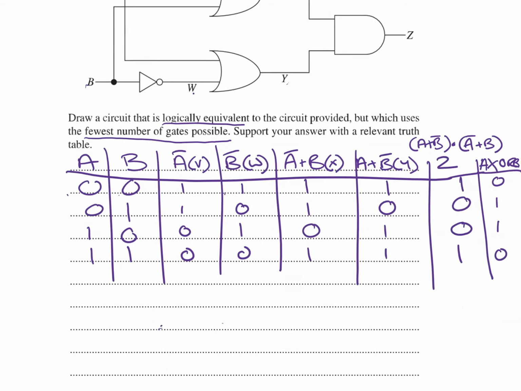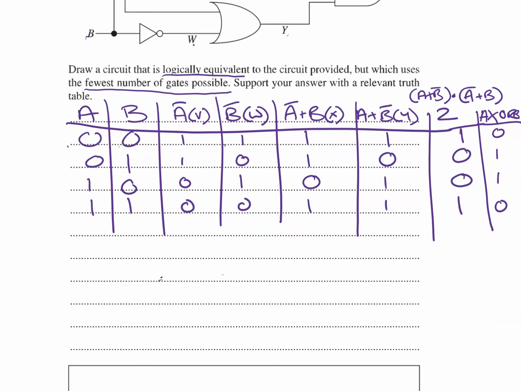And so whenever we have the opposite of something, we can use the not equivalent of that gate. So the not equivalent of XOR is sometimes called XNOR, or also sometimes called not XOR.